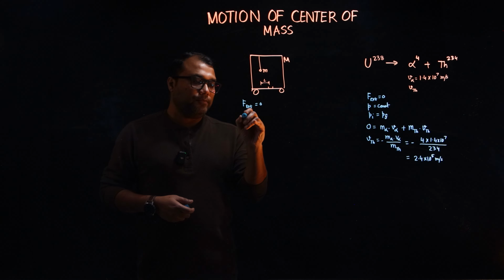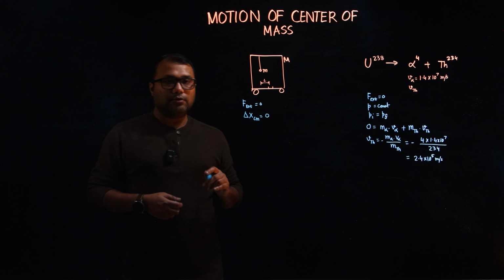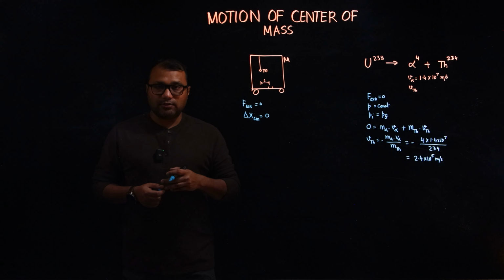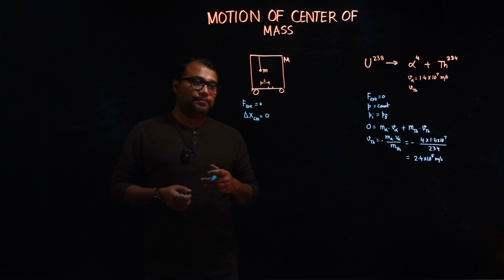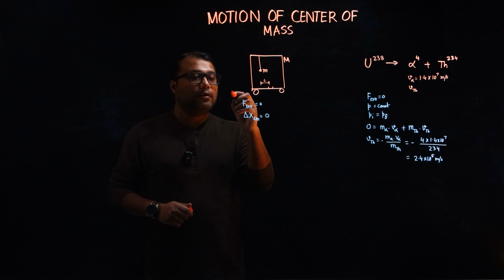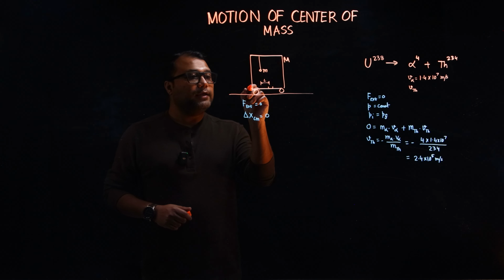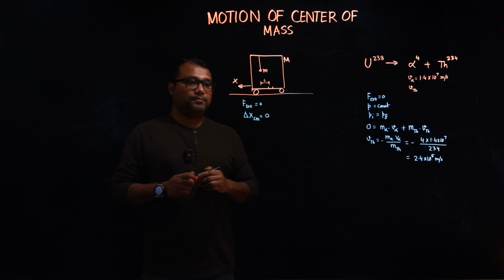We can say that the change in the center of mass will also be 0, because initially the cart was also at rest, so the velocity was also 0. Let's assume that this cart moved to the left by a distance x.